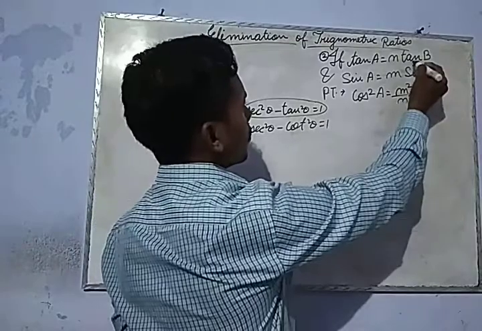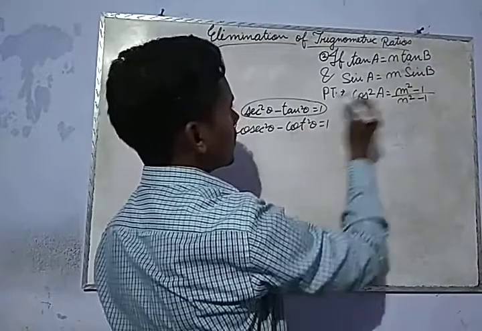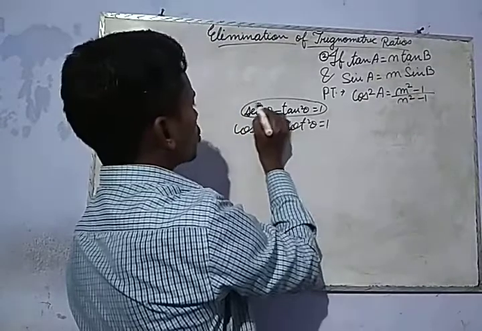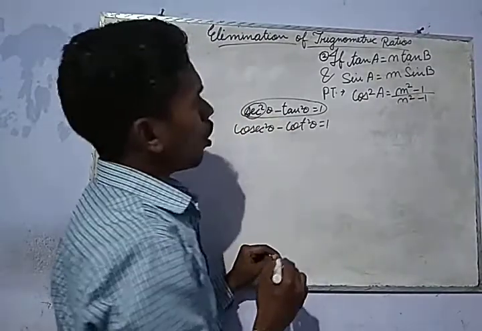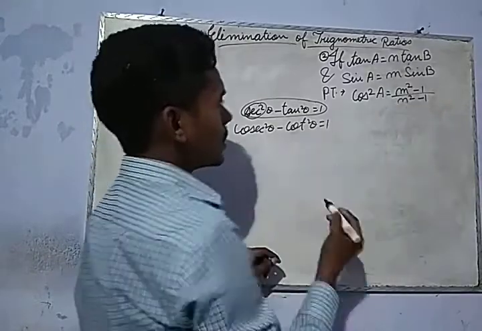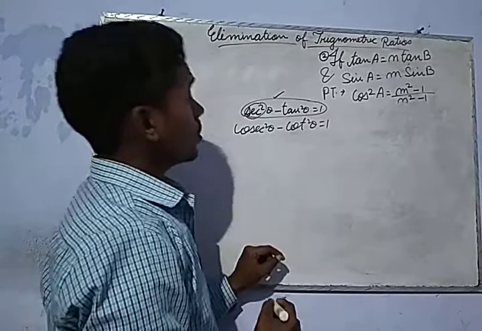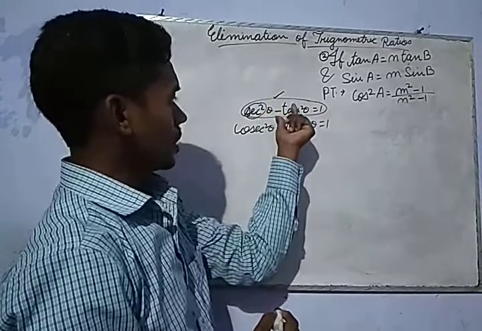then tan is present here, but sine is here, and sec is the reciprocal of cos, but cos is not present here, so this formula won't be applicable here.